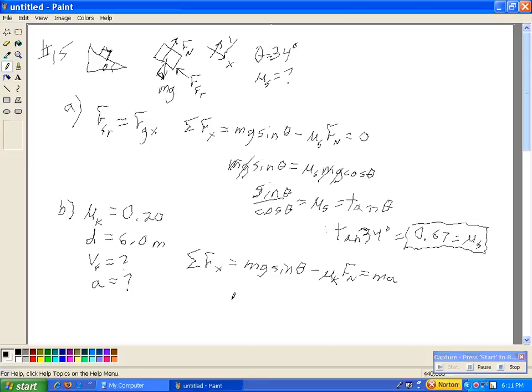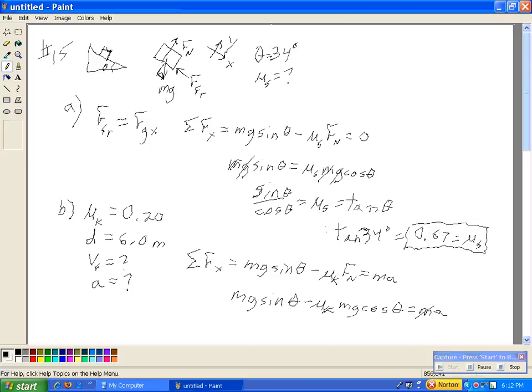So let's rewrite this. mg sine theta minus mu k for kinetic, and then the equivalent of the normal force is the mg cosine theta, the force of gravity in the y direction, equals ma.